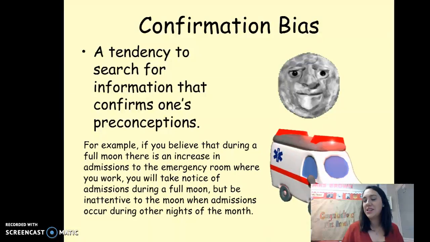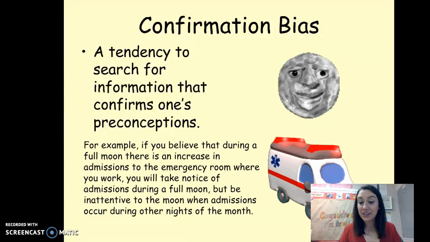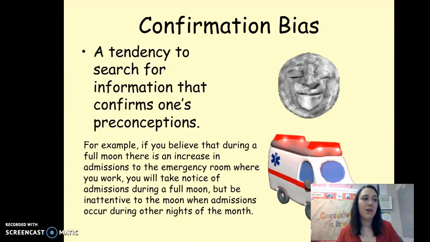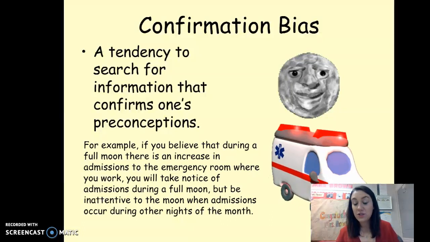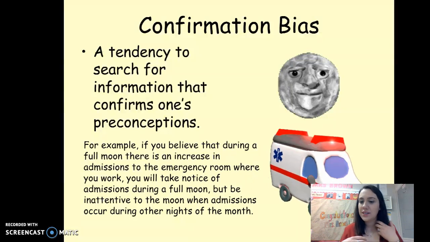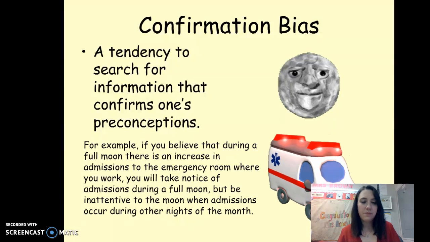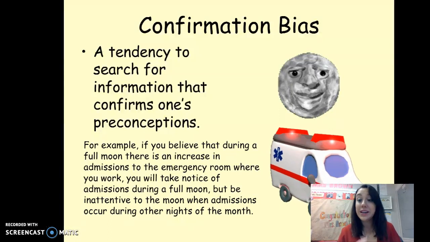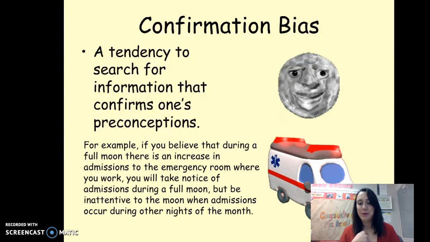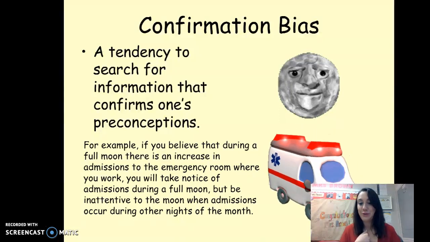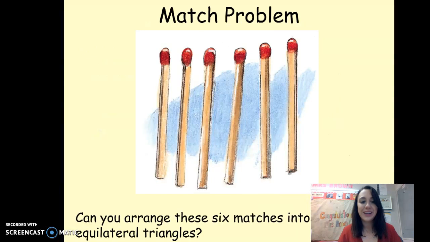But then when they do nice things, you might just completely ignore it or not pay attention to it. And so that's playing into your confirmation bias. You're not seeing the full picture. You're not seeing all the other things that are going on too. And so we humans, we do this. We search for things to confirm what we believe so that we feel like we're right and justified.